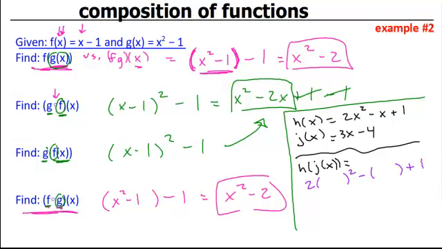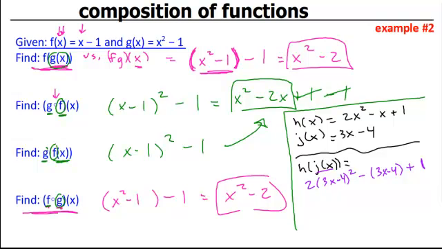Notice everywhere there's an x, I just replace it with a placeholder, a parentheses. And then my inner function, whatever's inside the parentheses, is what goes inside these placeholders. It's an entire function, a binomial. So I'm going to replace with 3x minus 4, 3x minus 4 for each of these. And then I'm going to evaluate it.